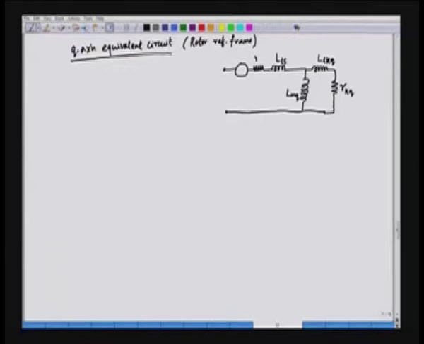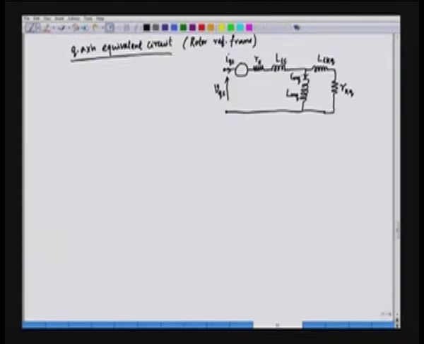Stator resistance will also be the same, that is RS, and this is the applied voltage in the stator, VQS. Similarly, the current entering here is IQS, and this current is the magnetization current going in the magnetization branch, that is IMQ.